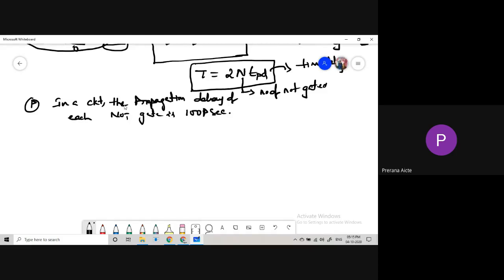Then find the frequency of the square wave generator. The figure will be like this.